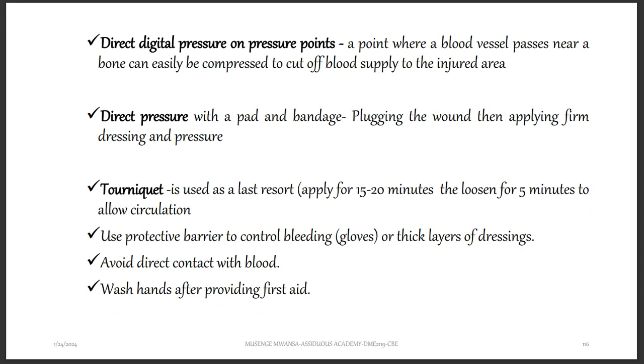So what you can do is perform direct digital pressure on that point where you know a blood vessel is passing, so that you can prevent blood from going down all the way to where there is bleeding happening.